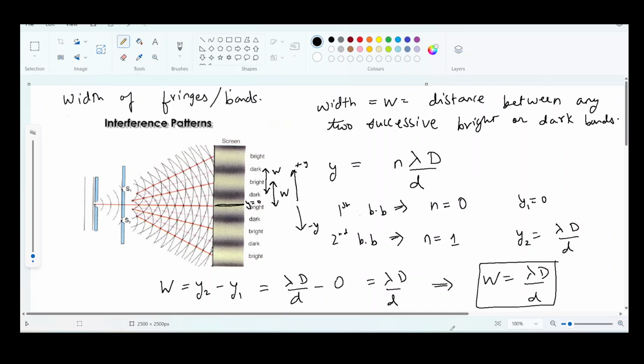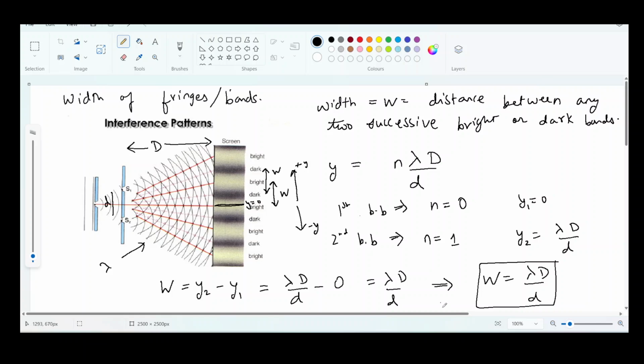So what do we understand here? The width of the fringes or the bands depends on the distance between the slits and the screen, D. It depends on the distance between the slits, small d, and it depends on the wavelength of light. Wavelength is basically the color: yellow, red, violet, whatever. So the width is given by lambda D by d.